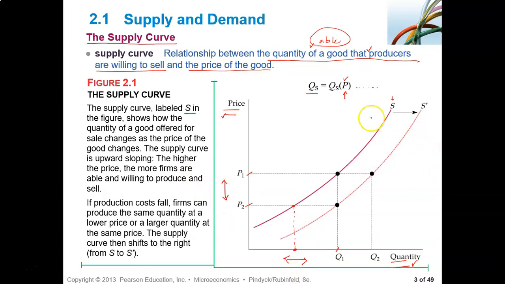This is an upward-sloping line, and the law of supply tells us that when price goes up, supply will increase, given that the other factors that also affect supply remain fixed. We call these the non-price determinants of supply.